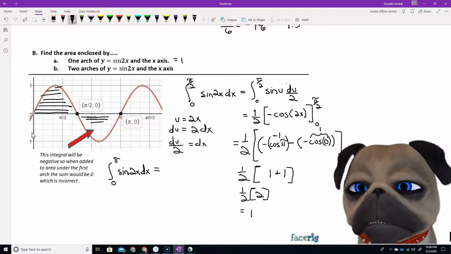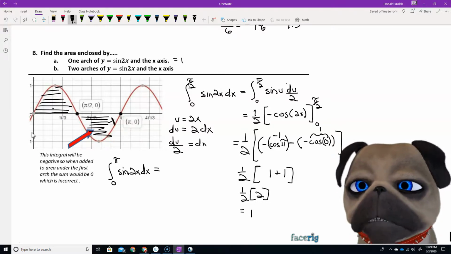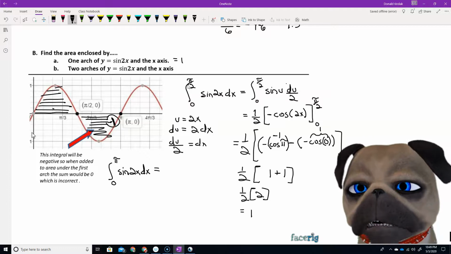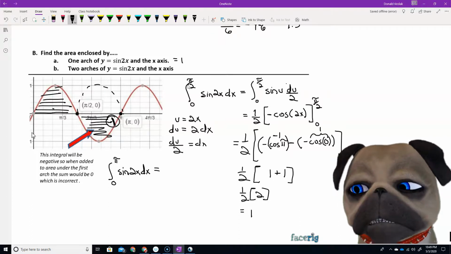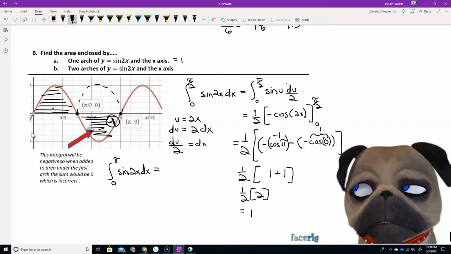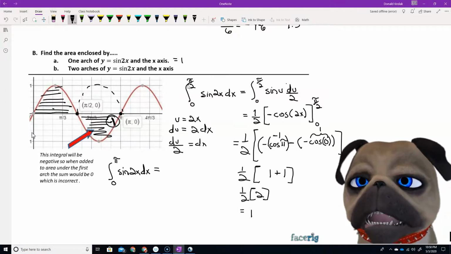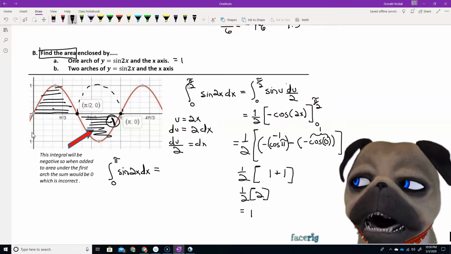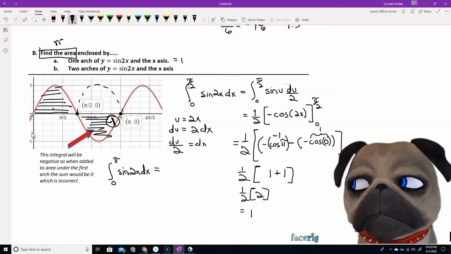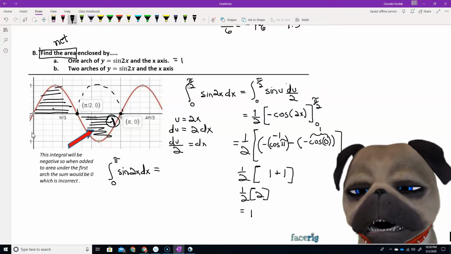So I need to realize that this area and this are the same. So this is going to have an area of -1, which means I think of it as a +1, and that's how I end up with a 2. Because if you just do the integral, you'll get the incorrect solution, because the question is asking you for area. Now, if it said, what is the net area, then 0 would be the correct answer.